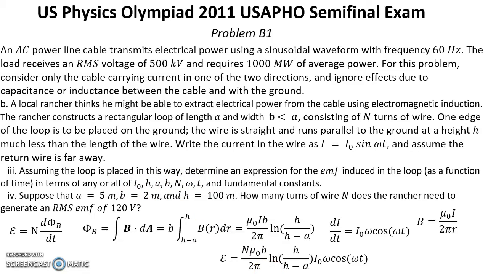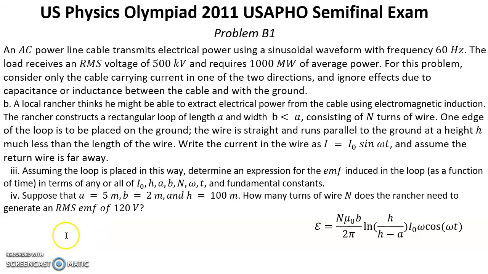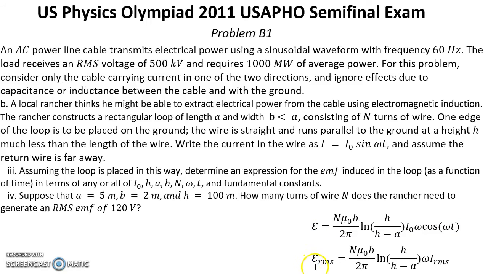Question 4. To answer question 4, we can use this result, but instead of I0 cosine omega t, we can put here I RMS, and instead of EMF, EMF RMS. So that will be this EMF RMS expression. Also, we need to convert omega to a regular frequency.